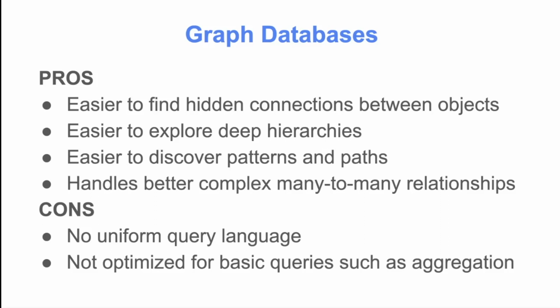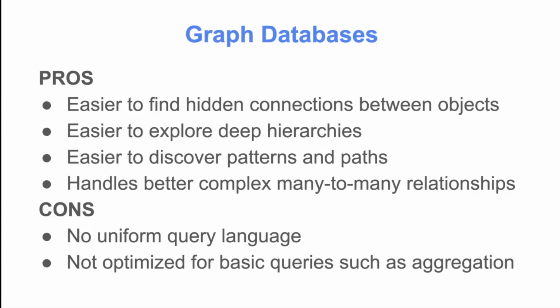So it might be harder to move from one database system to another. Of course, there is work on producing a standardized language, but currently there's no standard language used across all of these platforms.